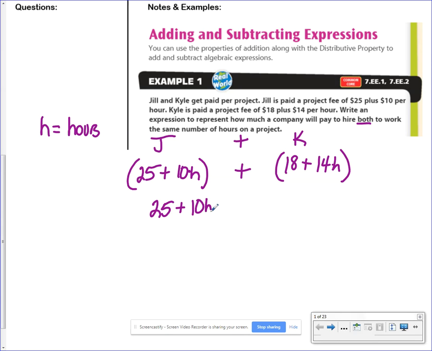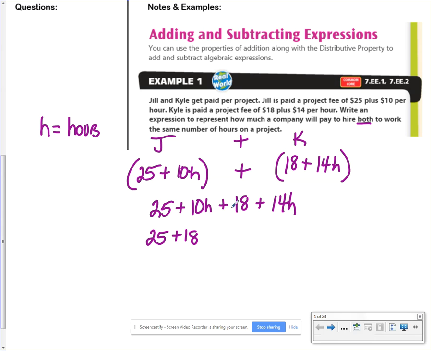I have 25, I have a plus 10H, I have an 18, and I have a 14H. Seems to me what I need to do here is look for terms that are alike and get them together nearby so that you can combine them. Well, I see 25 and 18.